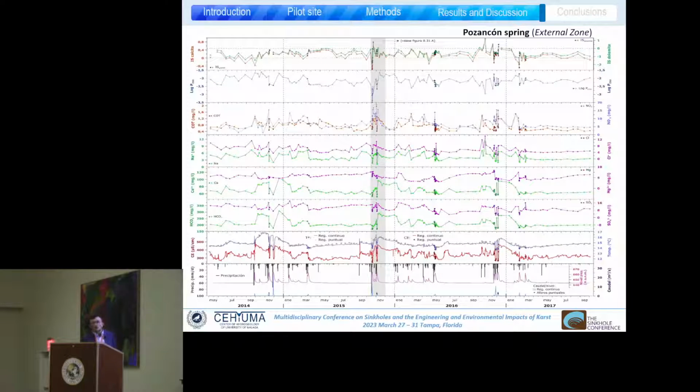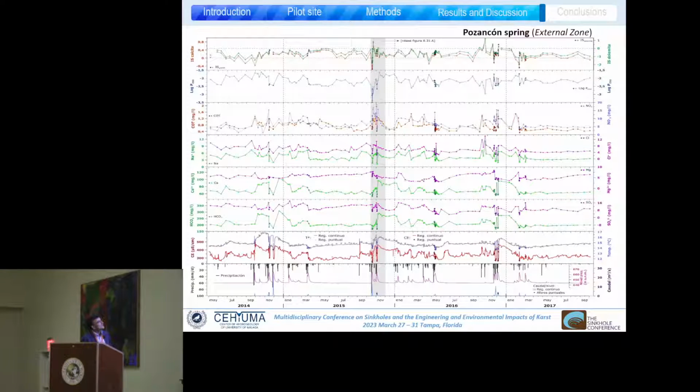Most of the data come directly from the saturated zone of the aquifer within the shaft where the water flow emerges. So we can see how during high water condition, in general, we have an increase in electrical conductivity and temperature because the major ions, particularly hydrocarbonate and calcium, are progressively increasing.